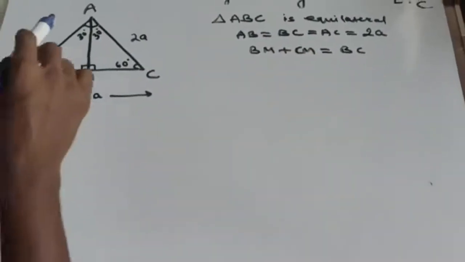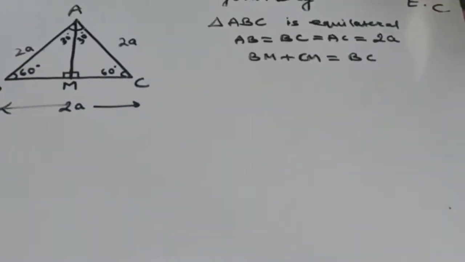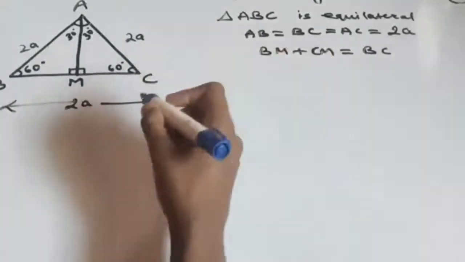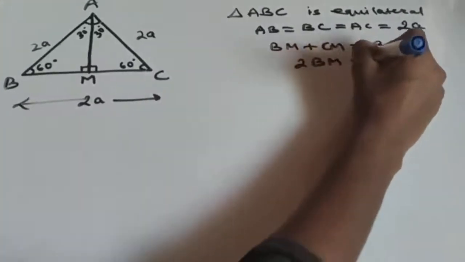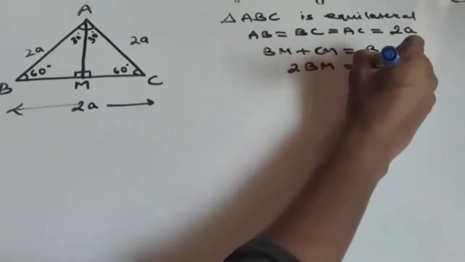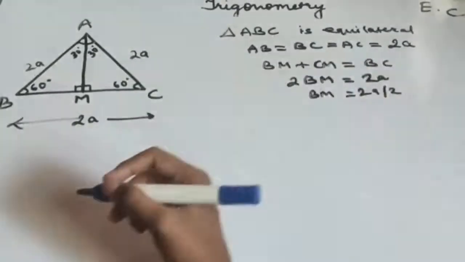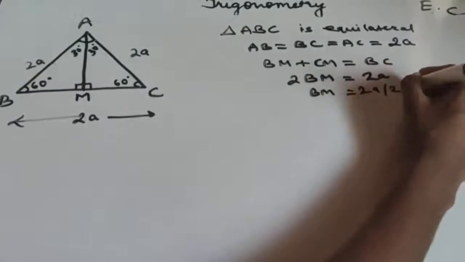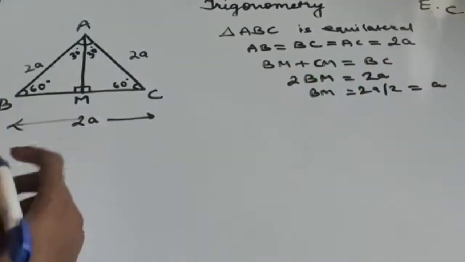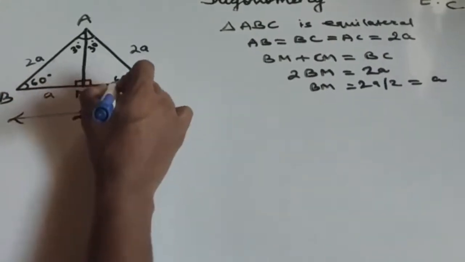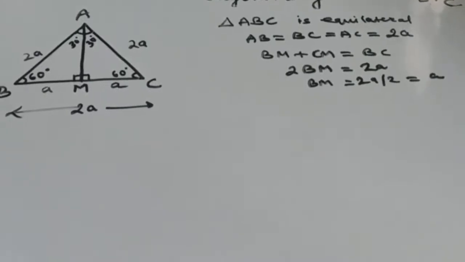Since we know that AM is the perpendicular bisector for side BC, both will be of equal length. So let's write 2BM is equal to BC. We know that BC is 2A, so BM will be 2A by 2, which is equal to A. So BM is equal to A, CM equal to A.